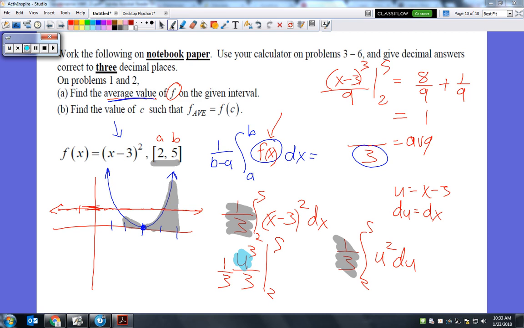This average of 1 is the average of all of these points. In other words, if it was at 5, what would that y value be right here? Well, 5 minus 3 is 2. 2 squared is 4. You with me? So that would be 4, 3.9, 3.8, all these infinite y values, and then these that go down. But if I add them all up and divide by the width, or how many there are, I could know exactly what was my average.